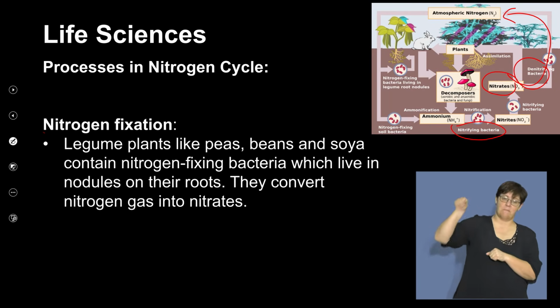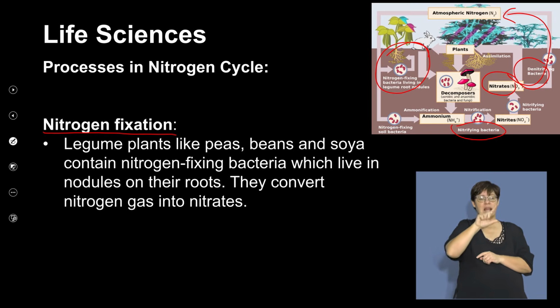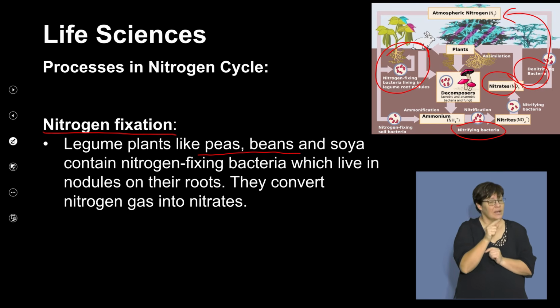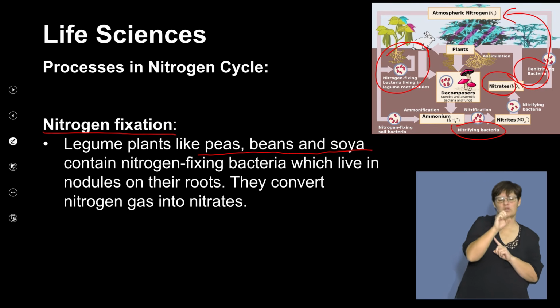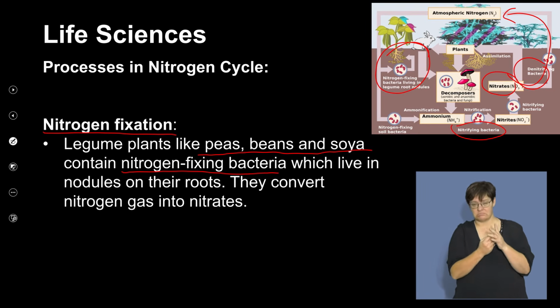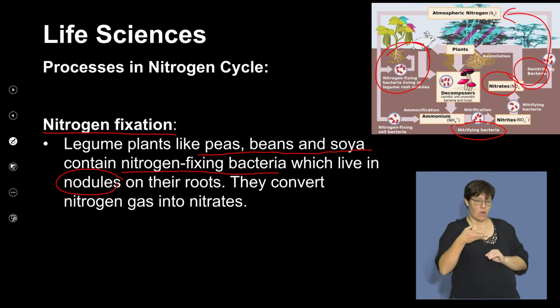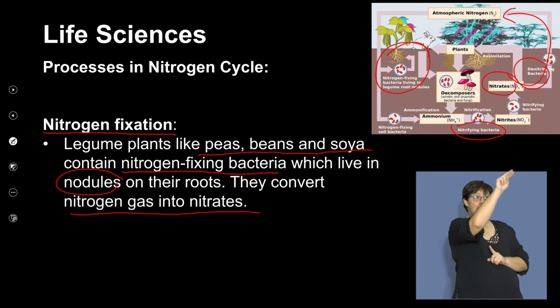So nitrogen fixation, again we mentioned these plants earlier on. Here we're looking at your leguminous plants. These are plants, as I mentioned, beans, bean plants and soya plants. They contain these nitrogen fixing bacteria which live in root nodules. These bacteria convert the nitrogen gas into nitrates.